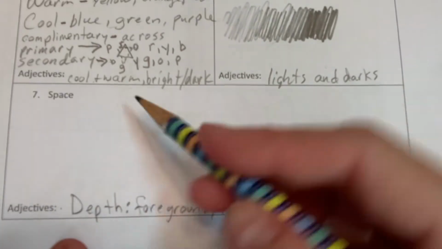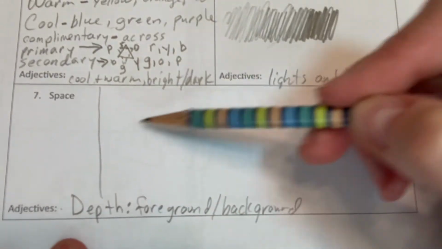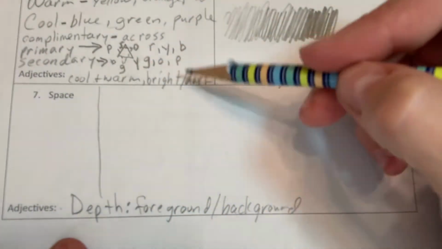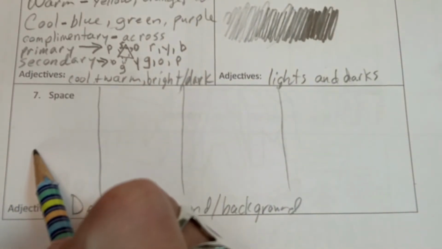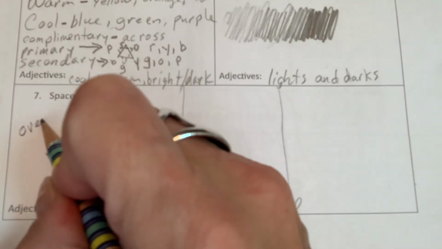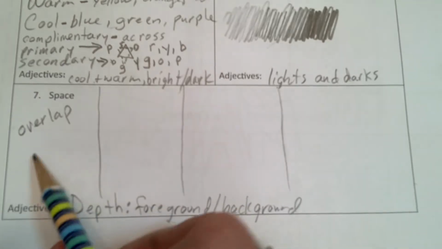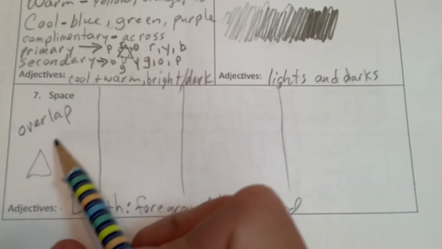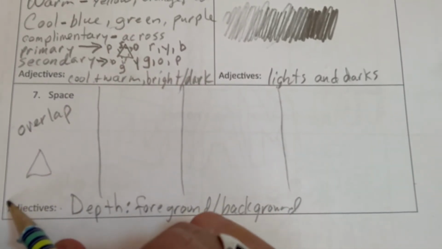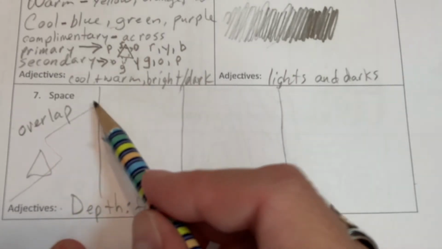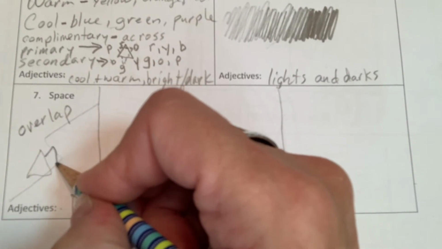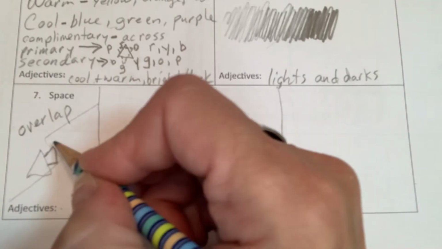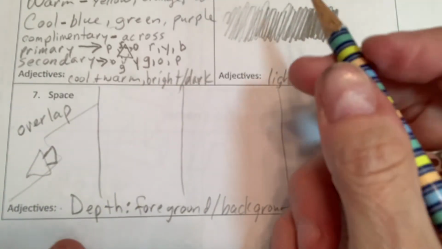I'm going to divide this into 4 different spaces because there are 4 ways to show space. One is overlapping. When you have something in front, and something else goes back in space, this is further back in space. You do not see the other point of that triangle.